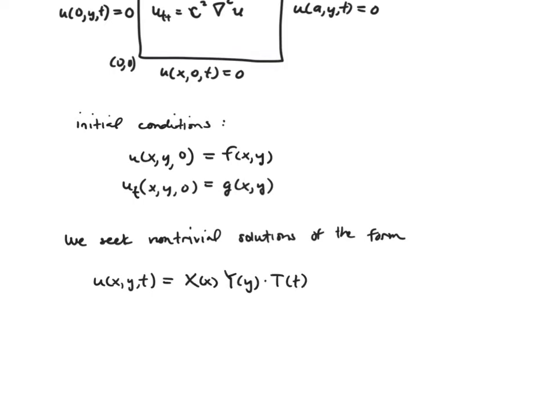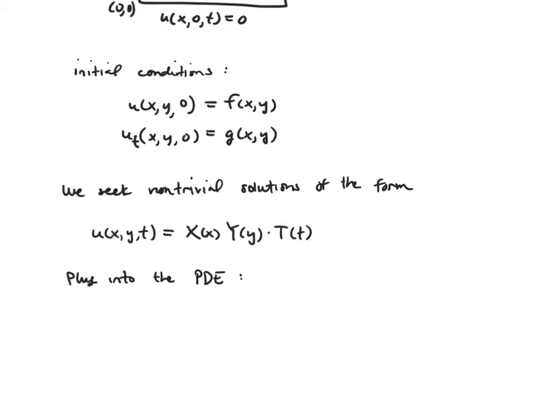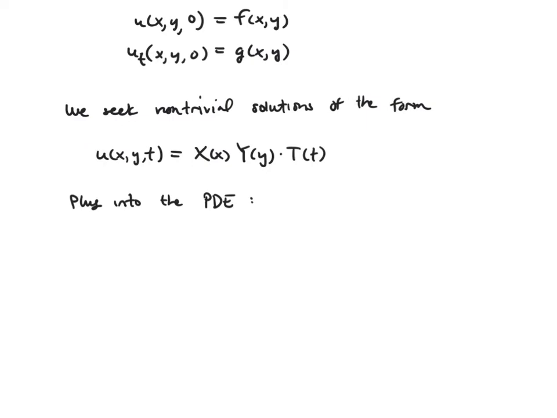So it's assuming a separated form as such, and we simply plug into the PDE, into that two-dimensional wave equation. And of course, all the derivatives land on the specific part of the separated solution and thus slowly form a set of ODEs. So can't get ahead of ourselves here.